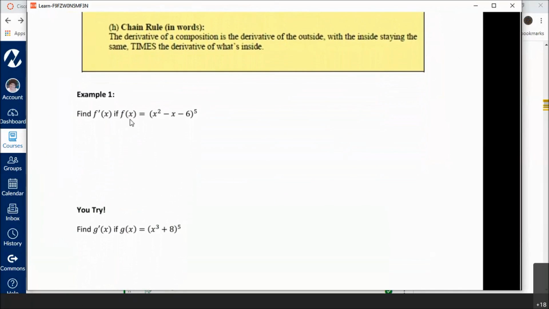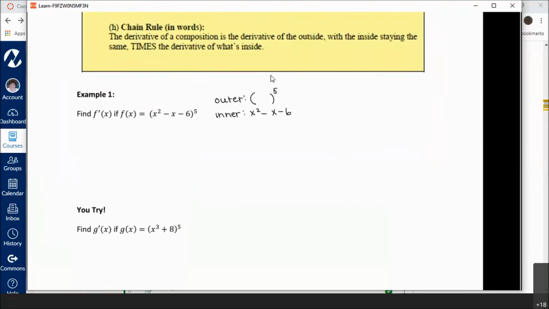So I have a function f of x. It looks like a polynomial inside of another polynomial. It's not a product, it's a composition. So my outer looks like something to the fifth, and my inner is x squared minus x minus 6.